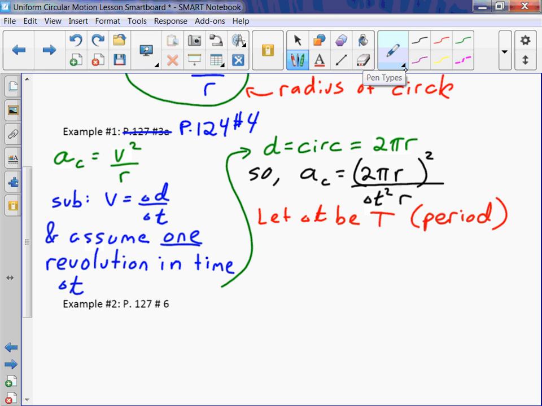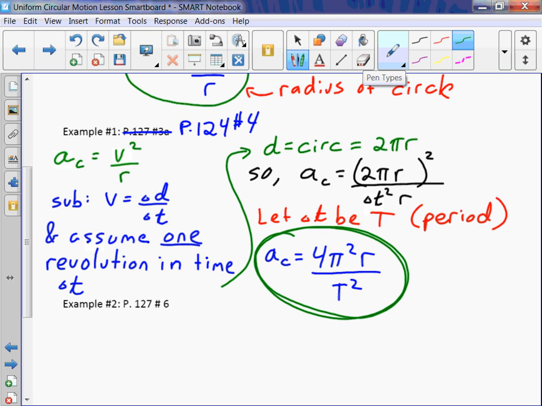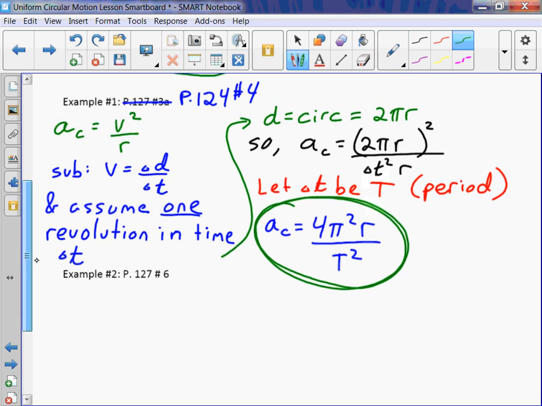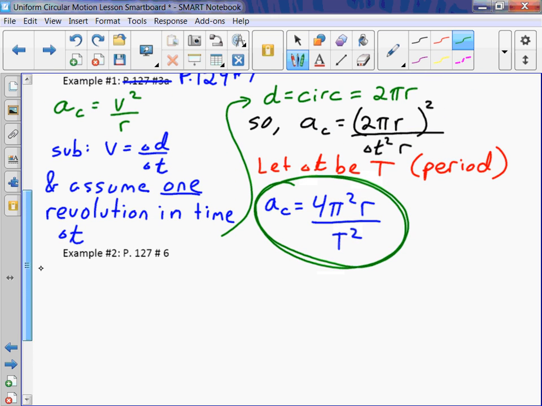And our final equation then is, when we cancel out one of the r's from the numerator, so when we expand this square, we get 4 pi squared r squared over r.